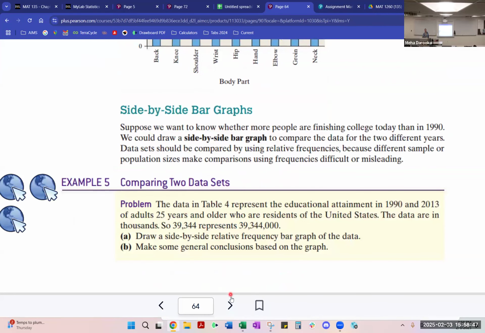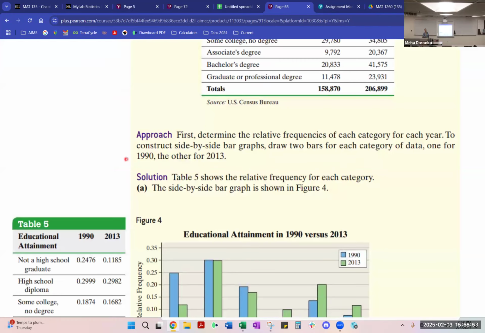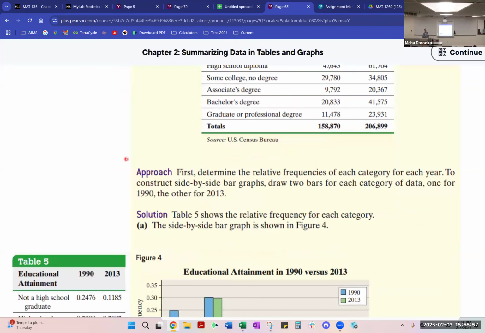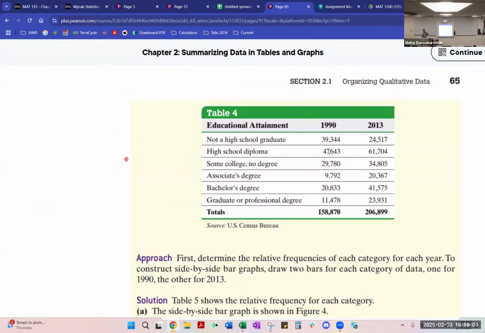Now, if you are comparing two different types of categories, you can do side-by-side bar graphs. You can see in this example here, we're talking in terms of 1990 and 2013. This was the educational attainment: what level of education did people have?